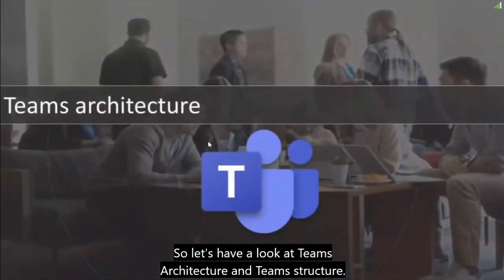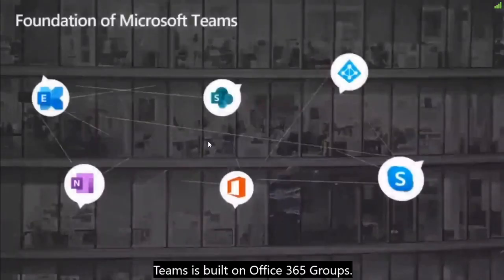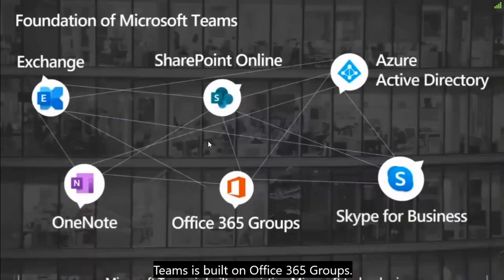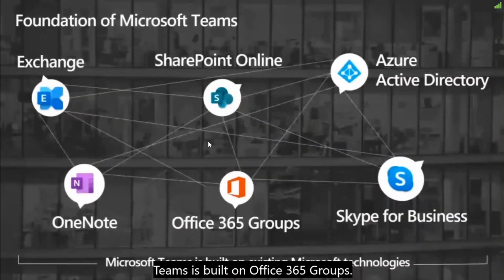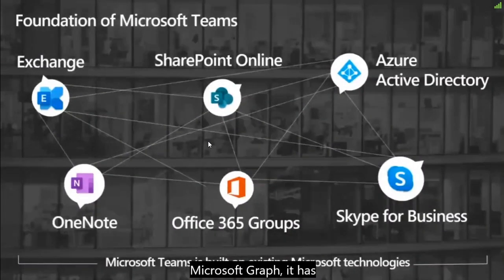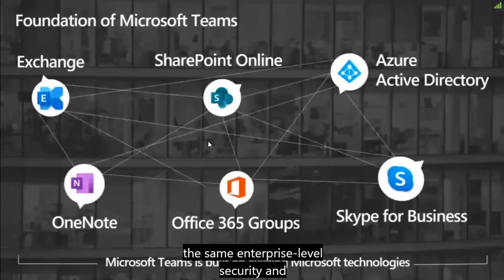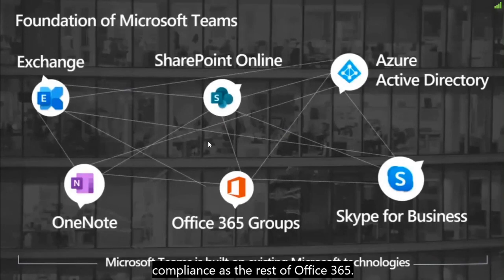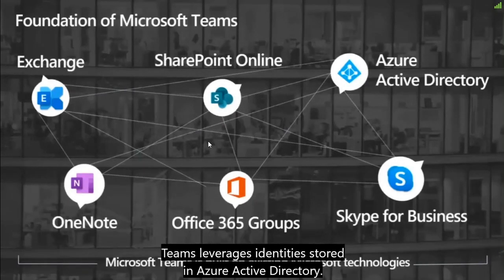So let's have a look at Teams architecture and team structure. Teams is built on Office 365 groups, Microsoft Graph, and has the same enterprise-level security and compliance as the rest of Office 365. Teams leverages identities stored in Azure Active Directory.